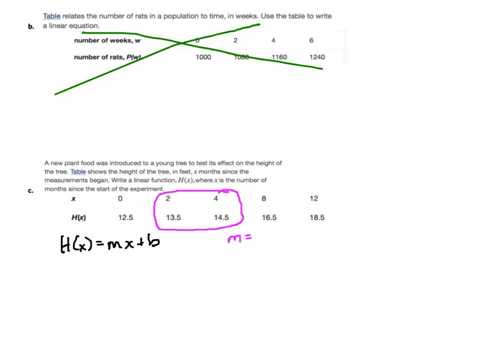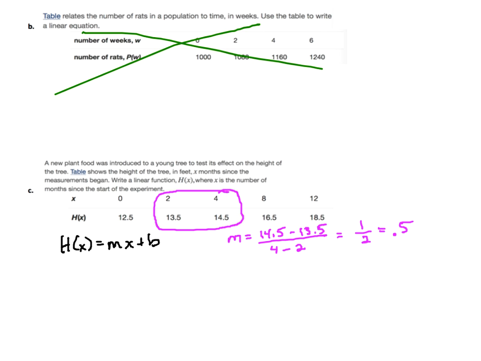I'll use these 2 middle points. So I have y2 minus y1 over x2 minus x1. And that's 1 over 2, which is 0.5 if you want it as a decimal. Or you can leave it as 1/2.